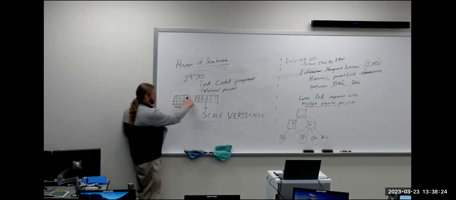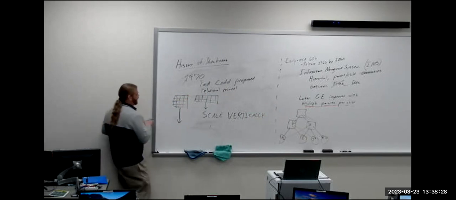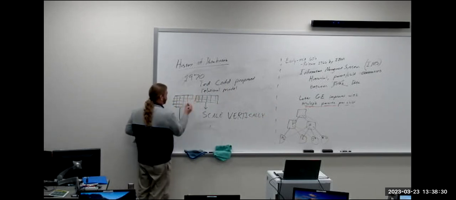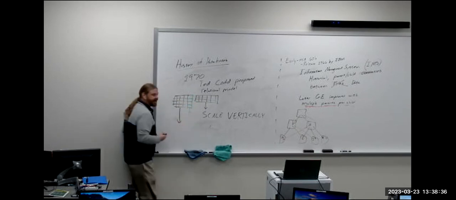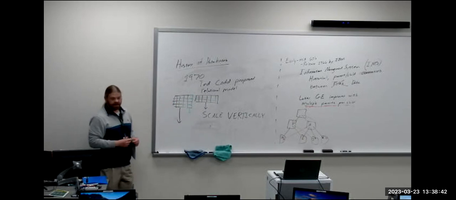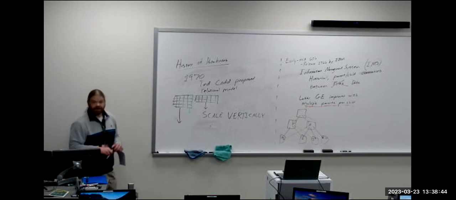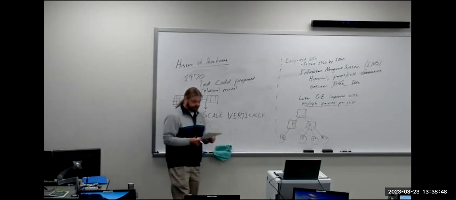If we add another column here, we have to add that column all the way down through all the scaling we've already done. So scaling horizontally can be a problem. But scaling vertically, relational databases are great for that.